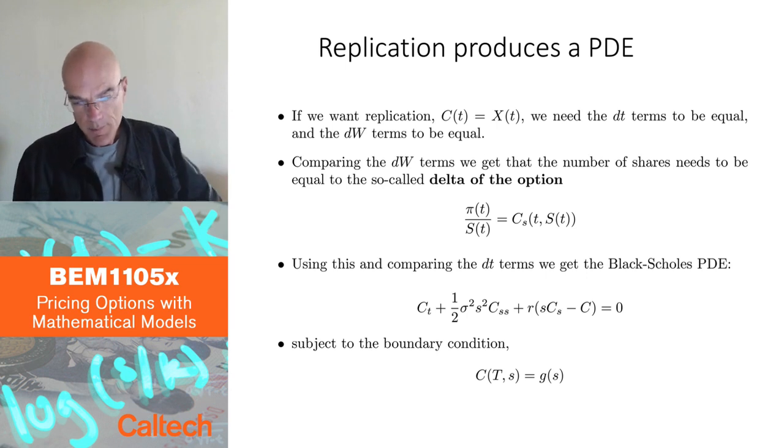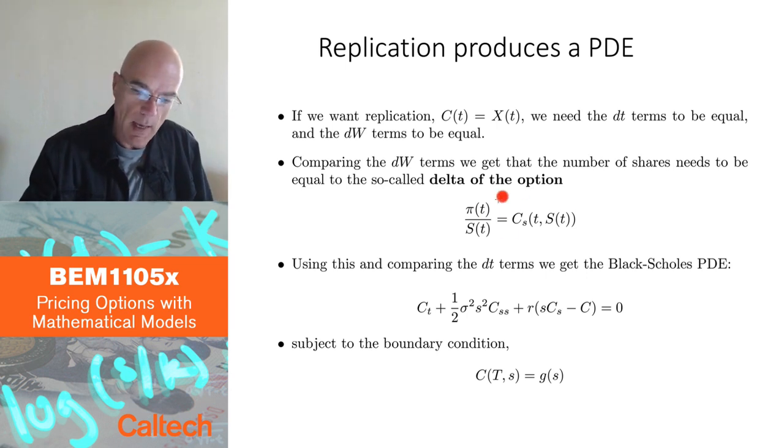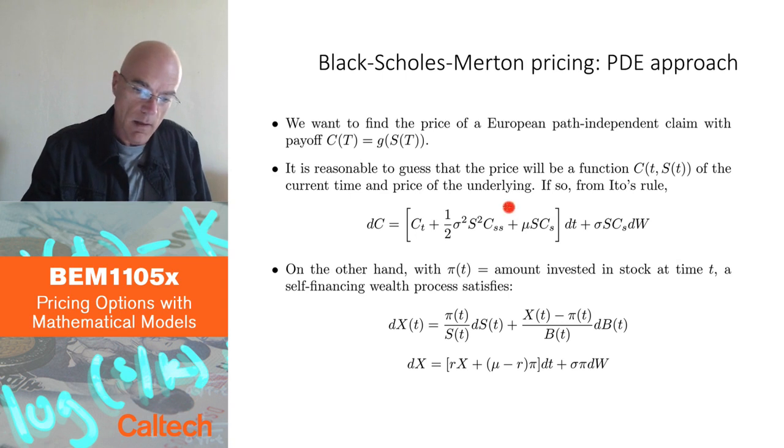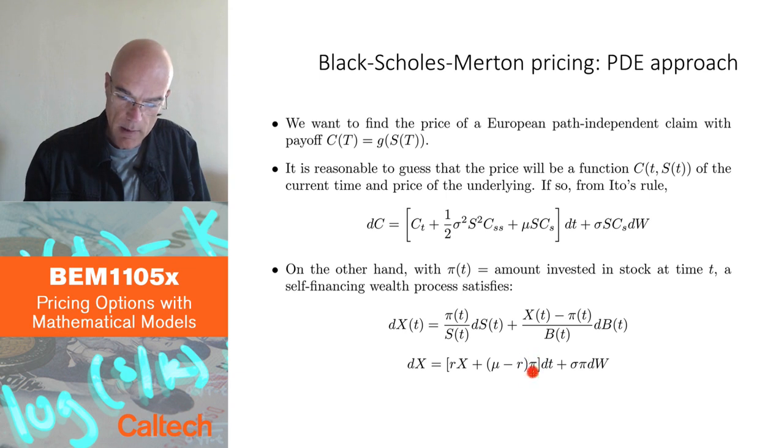Fine. Now when I know that, I'm going to compare the dt terms, try to make them equal. Let's try to make this equal to this, but using that pi is equal to S C_S. So instead of pi, I'm going to write S C_S. And then instead of x, I'm going to write c, because I want x to be equal to c.